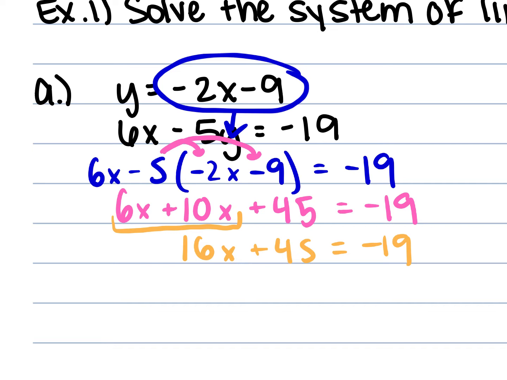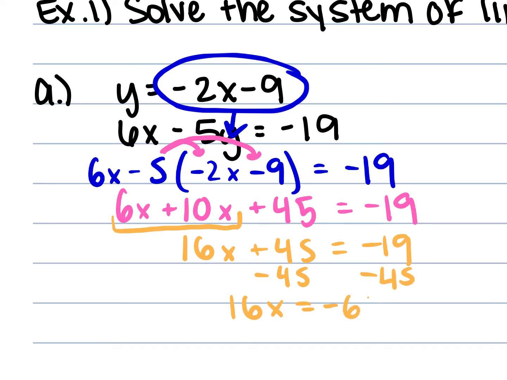What can I do next? Subtract 45. Perfect. I want my variable on one side and the numbers on the other, so I'm going to move that 45 to the other side. So I have negative 16x is equal to, what is negative 19 minus 45? 64.